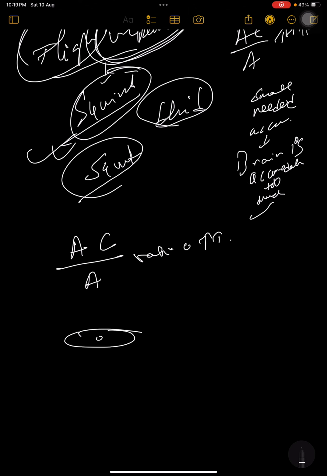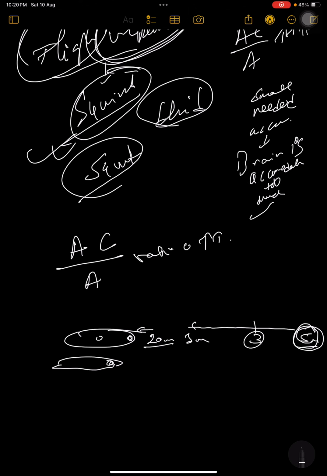Suppose I am looking at something from 5 meters, and I bring this object to 1 meter, 20 centimeters. Your eye will go to the medial side, it will converge. But when I bring this from 5 meters to 3 meters and your eye is already converging, for such a small change it should have started to converging at 1 meter, and then at 20 centimeters it will totally converge.